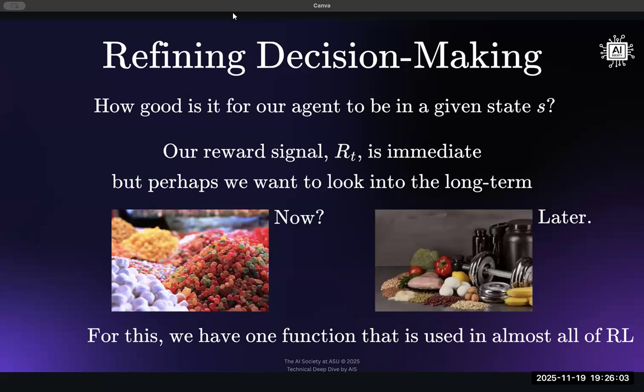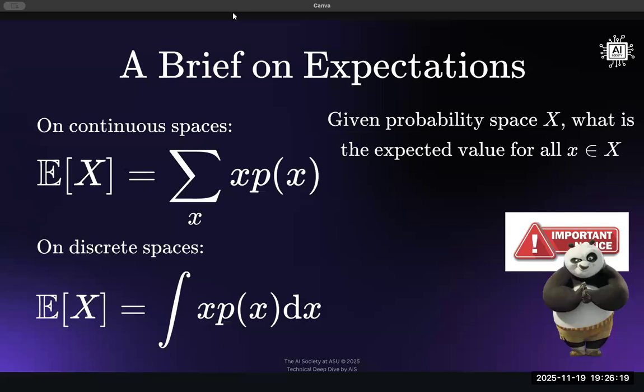As individuals, we want to make decisions that are not only best for us, but are also best for us long term. And so there's one function that will sort of describe this. But before introducing that function, we need a mathematical tool which will allow us to describe over many time steps how good a reward is.